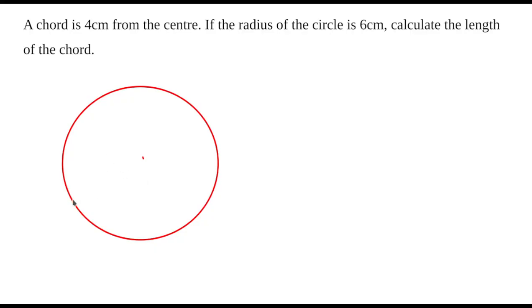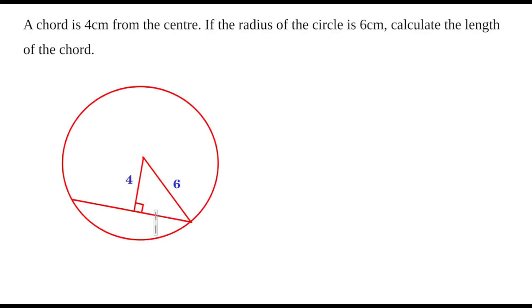Now the chord, and then the distance from the center to the chord, we have something like this. It's 4 centimeters. If the radius of the circle is 6, calculate the length of the chord.